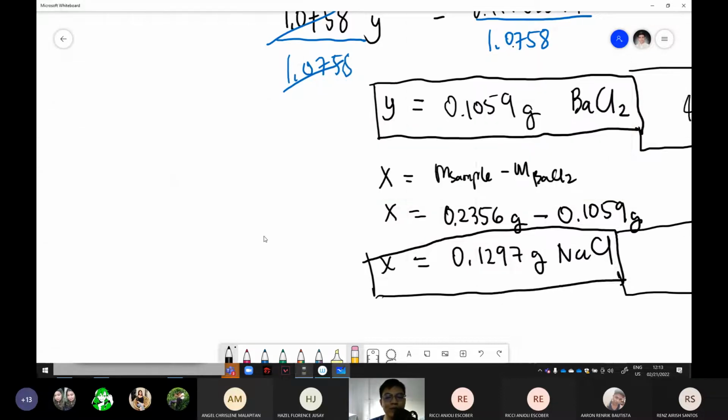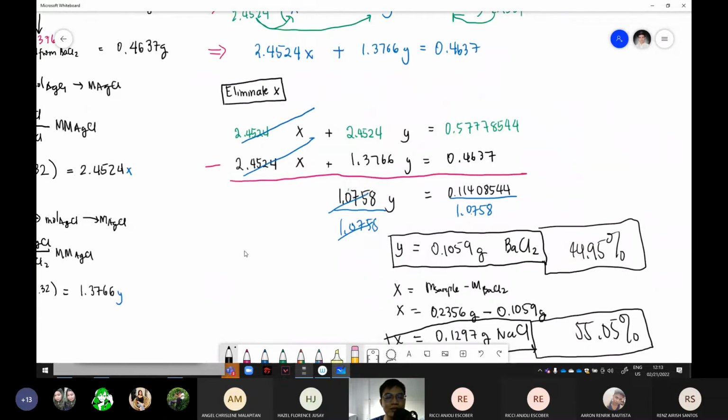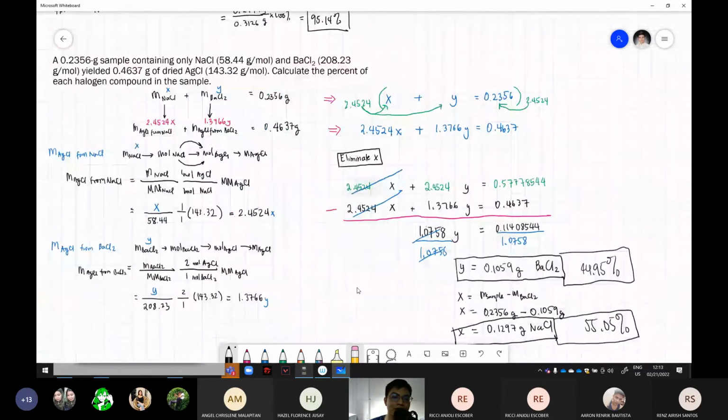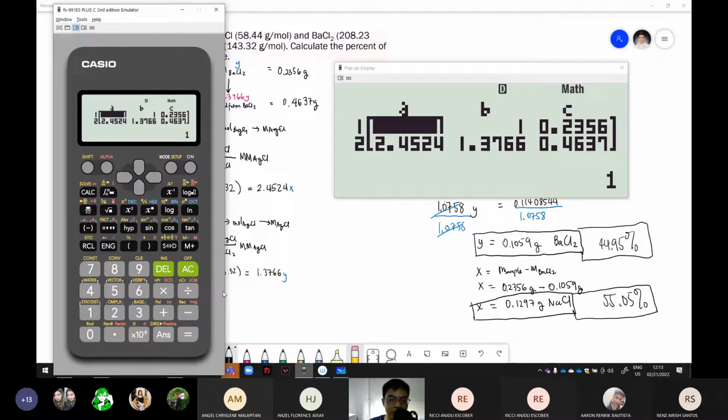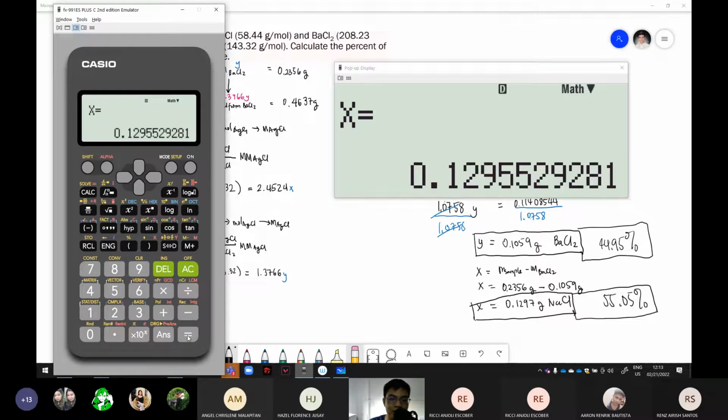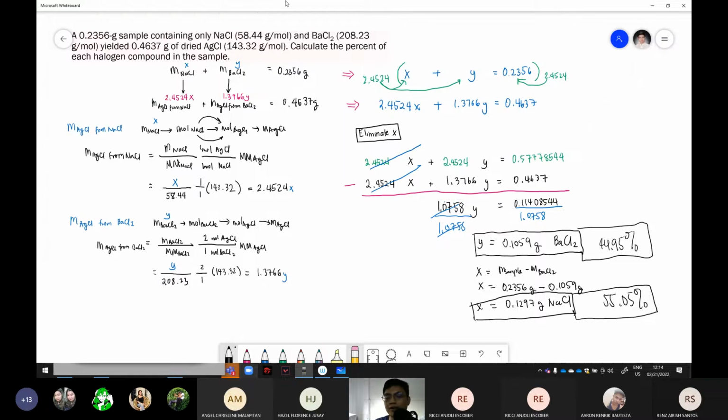So in gravimetric problems like this, yung mga salt mixture, yun yung tawag namin dito, salt mixture problem, yung paggawa ng equation, yun yung medyo tedious part. Kasi stoichiometry talaga yun. However, when it comes to the algebraic part, you can just type it in your calculator, then press equal sign. You will get the correct answer. So, alam nyo na yung gagawin nyo sa quiz.